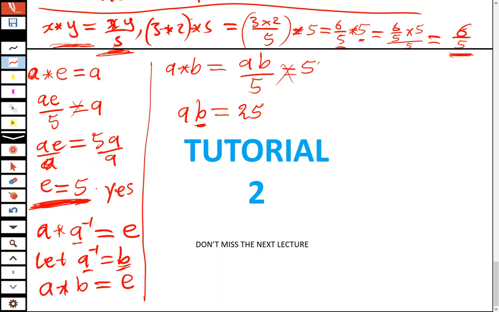So B will just be equal to 25 over A. So 25 over A is the value of B. Hence, remember we said A inverse is equal to B. Therefore, while there is B, we can replace back the inverse, which we can say, therefore, A inverse is equal to 25 over A. Therefore, the inverse of this function is 25 over A.